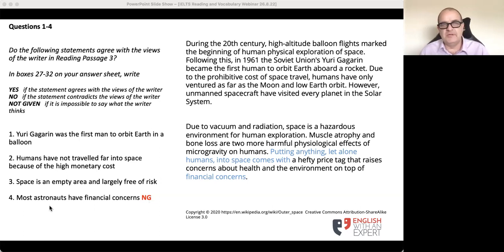Okay. But if we go up here and check, it says, putting anything, let alone humans, into space comes with a hefty price tag, etc. Financial concerns is mentioned, so we have that, but there's nothing here about astronauts having financial concerns.